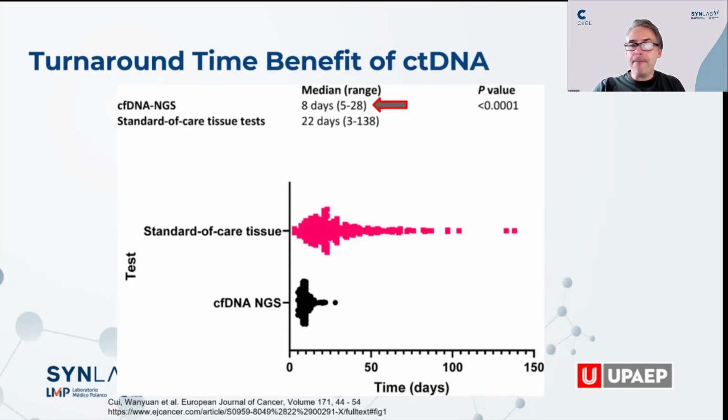And of course, getting patients onto targeted therapies or into appropriate therapy sooner leads to better healthcare outcomes, which means that you're not having to do quite so many invasive procedures quite so early on. And it's better for the patient because they've had a less invasive test and they're on to the appropriate therapy quicker.